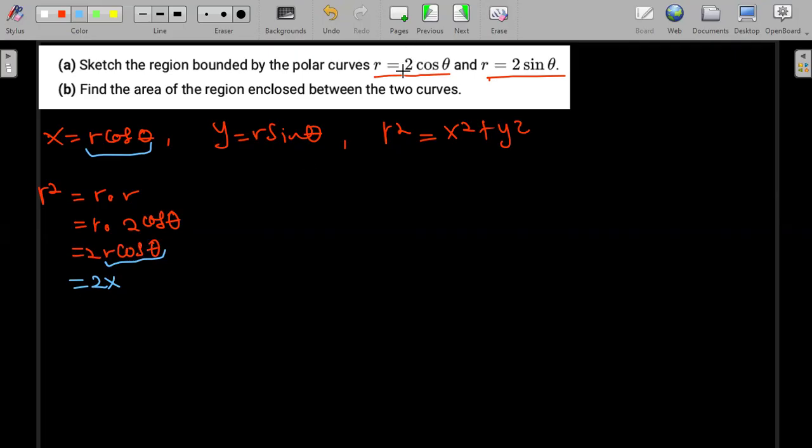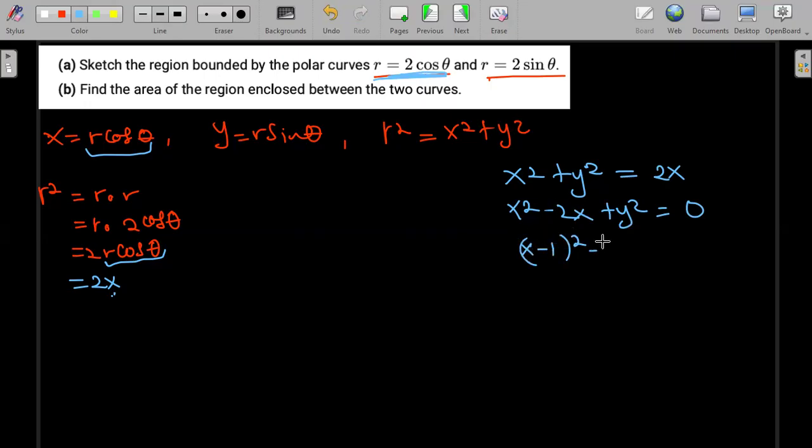So for my first curve, r squared is x squared plus y squared, which is equal to just 2x here. So it will be x squared minus 2x plus y squared equals 0. We complete the square on this. We get x minus 1 squared minus 1 plus y squared equals 0, so x minus 1 squared plus y squared equals 1.